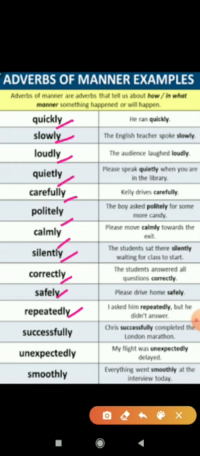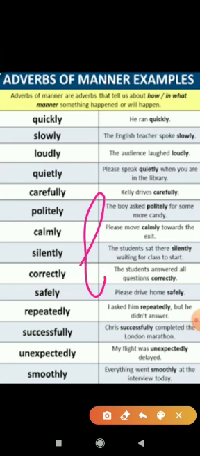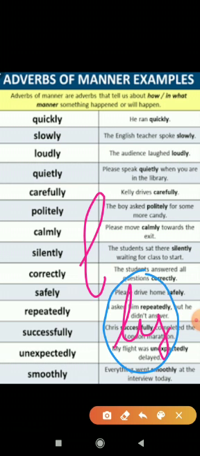We make adverbs of manner by adding ly. To adjectives that end in l, we add ly. We will add ly to the adjectives that end with l. For example, successful.